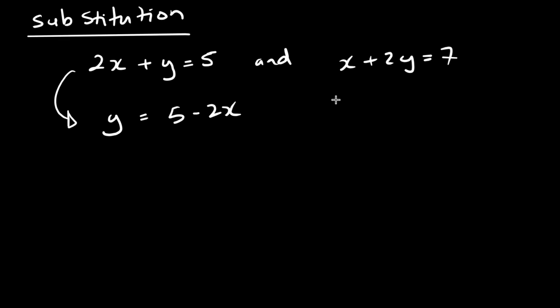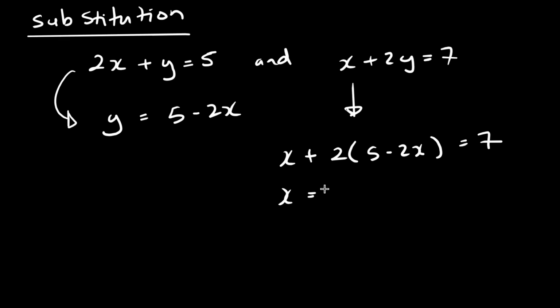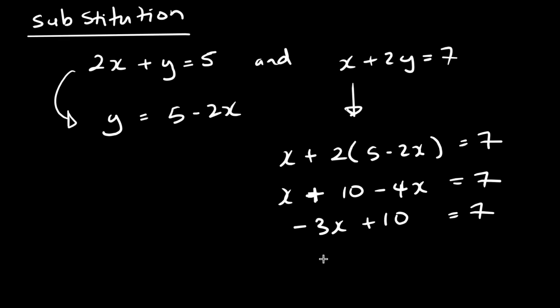So what this means is that where I had x plus 2y before, I have x plus 2 times (5 minus 2x) is equal to 7, which means x plus 10 minus 4x is equal to 7, which means x minus 4x, which is negative 3x, plus 10 equals 7.